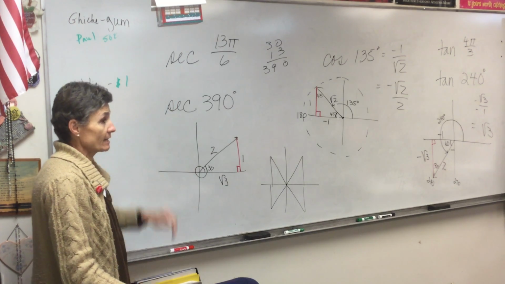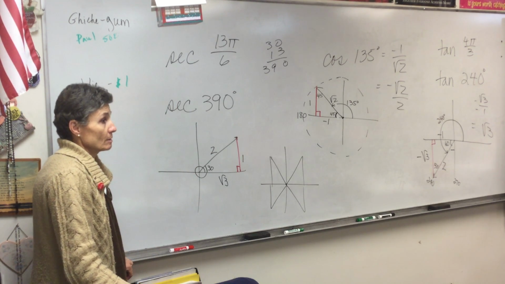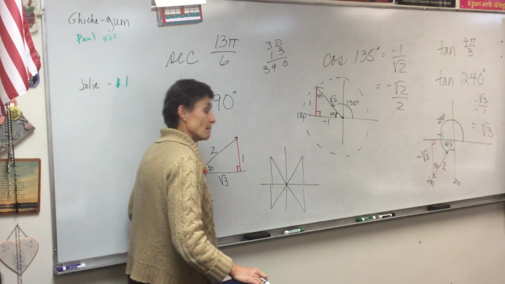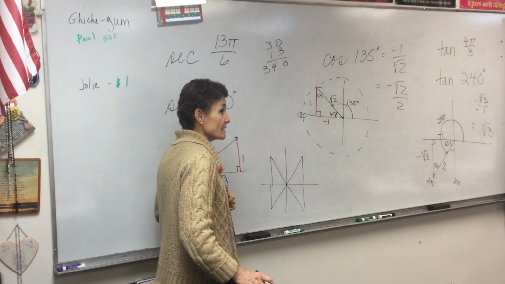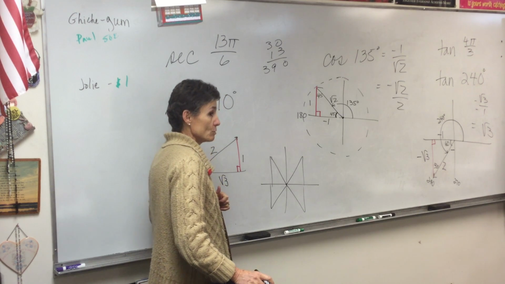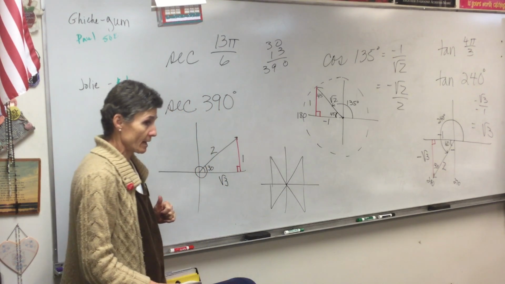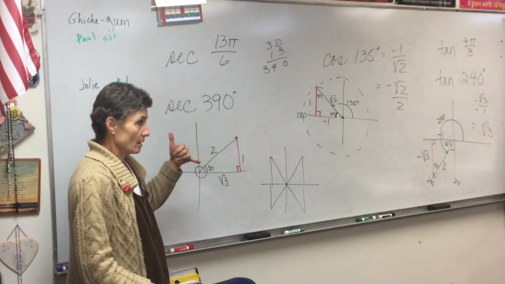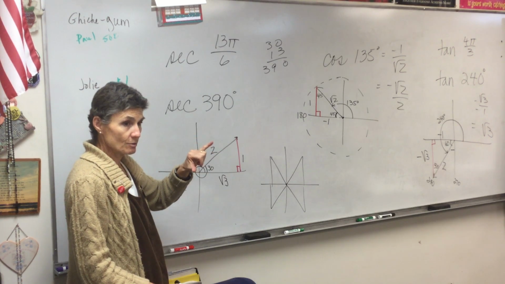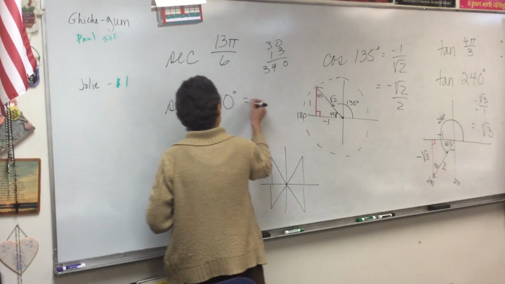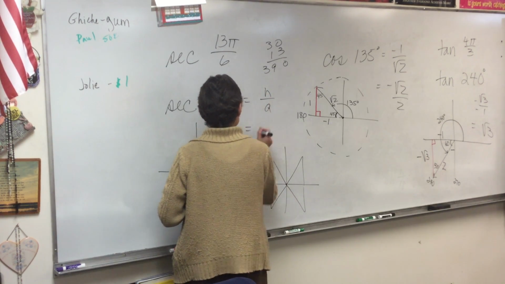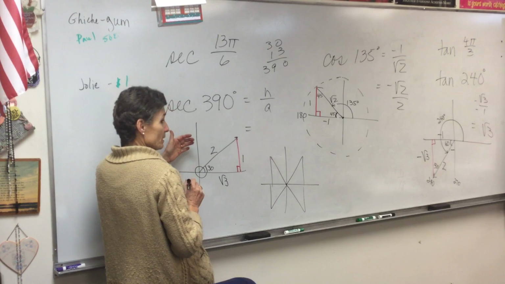But now I need the secant. Secant is reciprocal of cosine. What's cosine? Adjacent over hypotenuse. So secant will be hypotenuse over adjacent, which will be what?